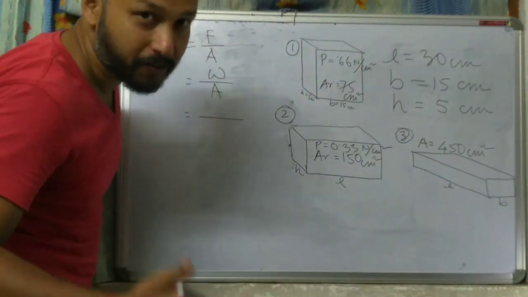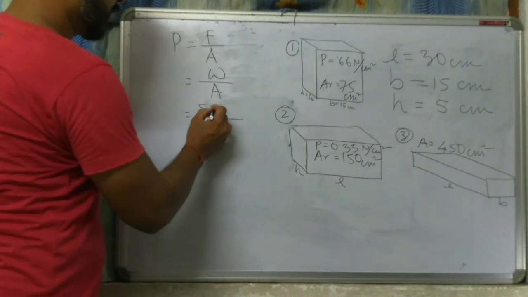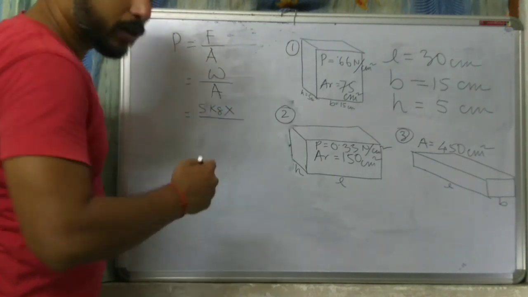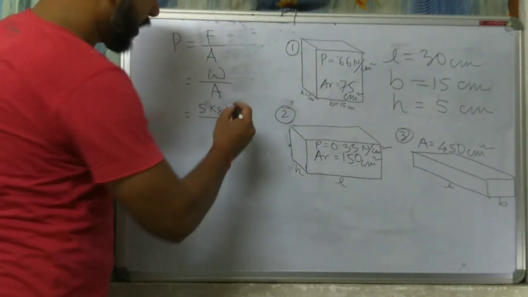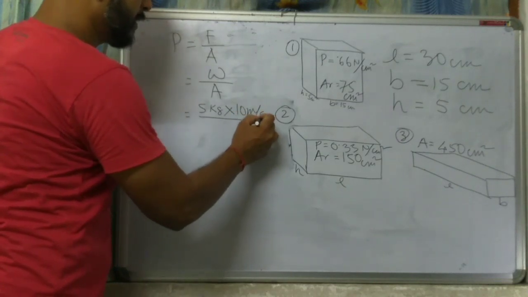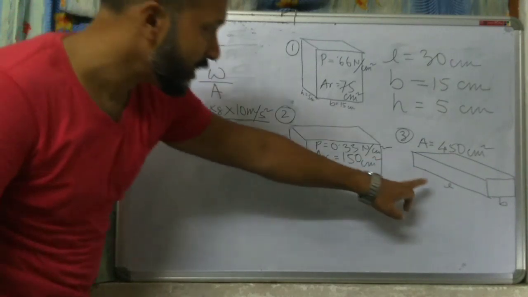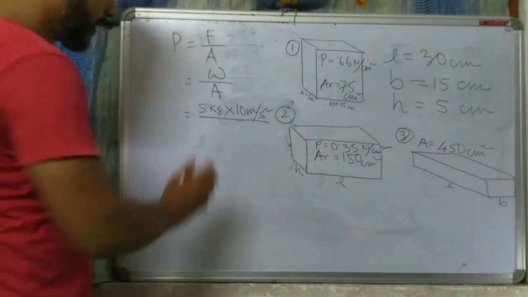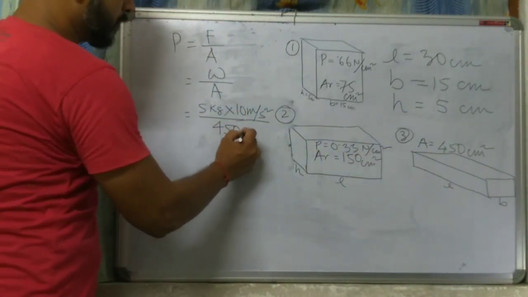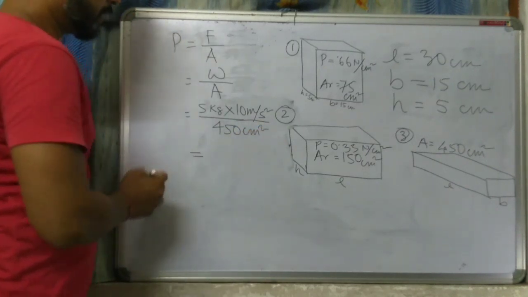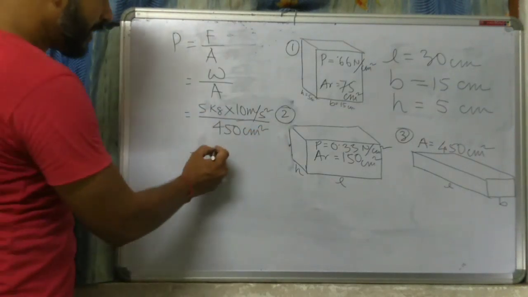What is the mass of the book? 5 kg. 5 kg into gravity, 10 meter per second square, by area. What is the area here? 450 centimeter square. 5 into 10 is 50.